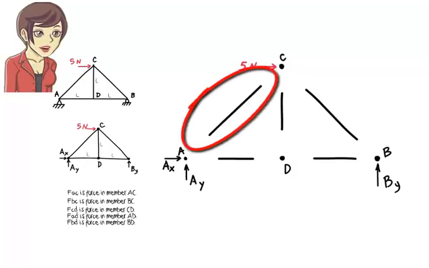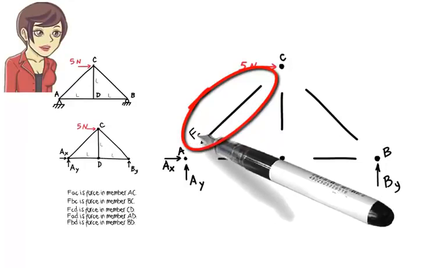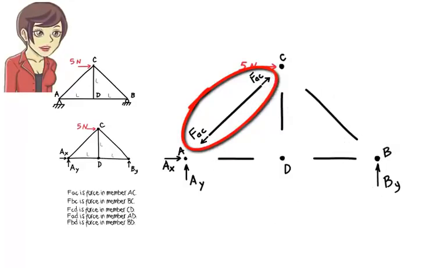Let's look at the segment containing member AC. We know the member carries an axial force, but we don't know the magnitude of the force. We also don't know if the force is compressive or tensile. Since I want to draw the free body diagram for the segment, I need to assume a direction for the force. I am going to assume the force is tensile. So the free body diagram for the segment looks like this.